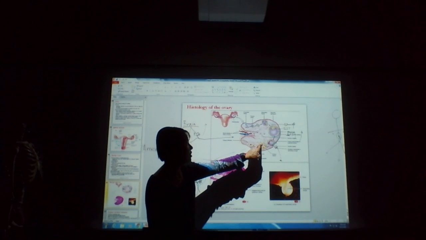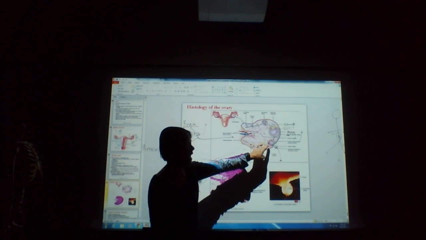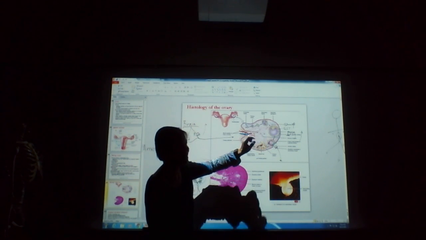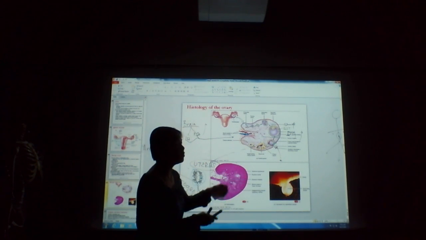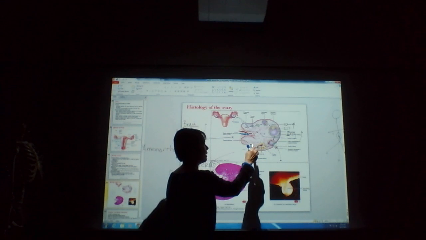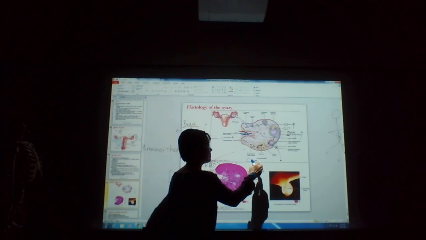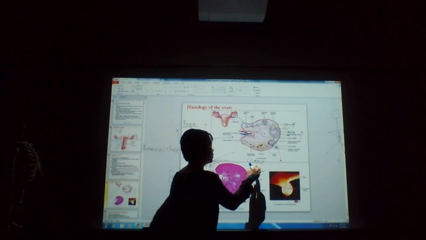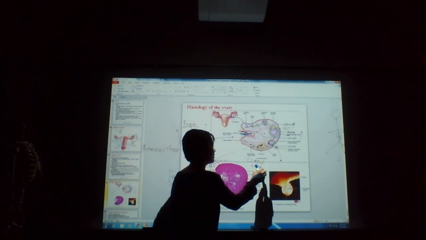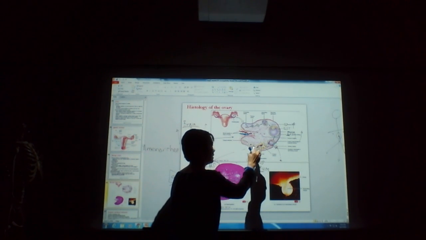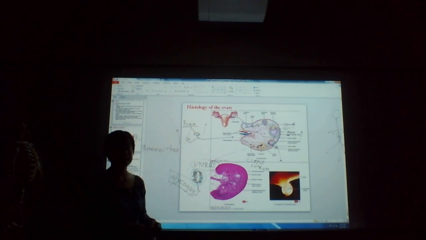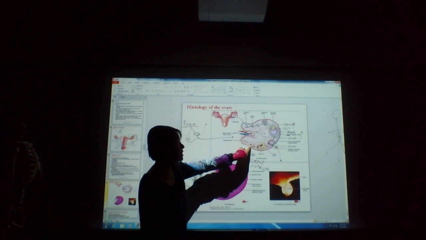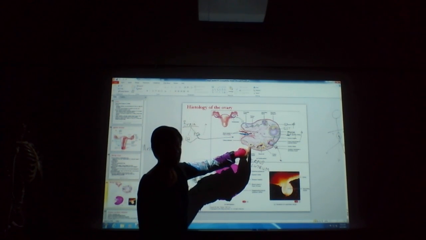First it starts being hemorrhagic, corpus hemorrhagicum, but then eventually it's called corpus luteum. Corpus luteum. A yellowish layer of follicle cells that has been emptied of the egg. This corpus luteum is still active.